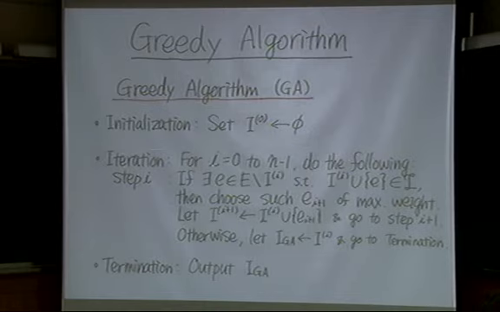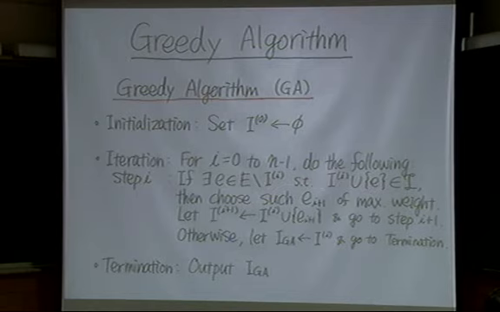For i from 0 to n minus 1, where n is the cardinality of the set E, do the following. If there is an element e outside of I_i such that I_i with the element e is also an independent set.